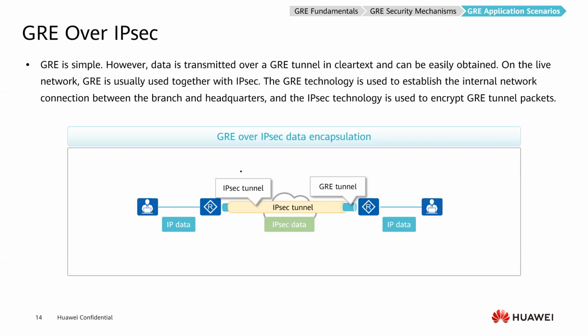I will talk about IPsec a little later. But IPsec itself cannot forward multicast packets. When you combine them together, you can forward multicast packets inside the GRE tunnel, while outside it is covered by the IPsec tunnel: GRE over IPsec. That will be very secure, and the network will also be much easier to create. GRE over IPsec is widely used.